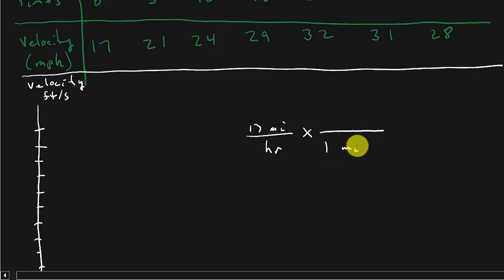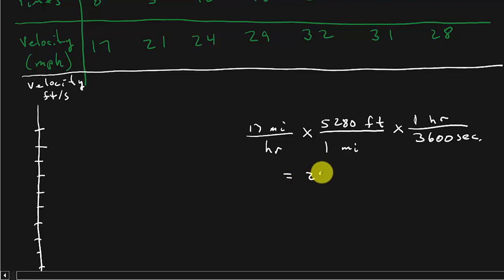I know 1 mile is 5,280 feet. And then I need to cancel the hours out. So I know 1 hour is 3,600 seconds. Once you do all of that, you end up with your velocity being 25 feet per second.